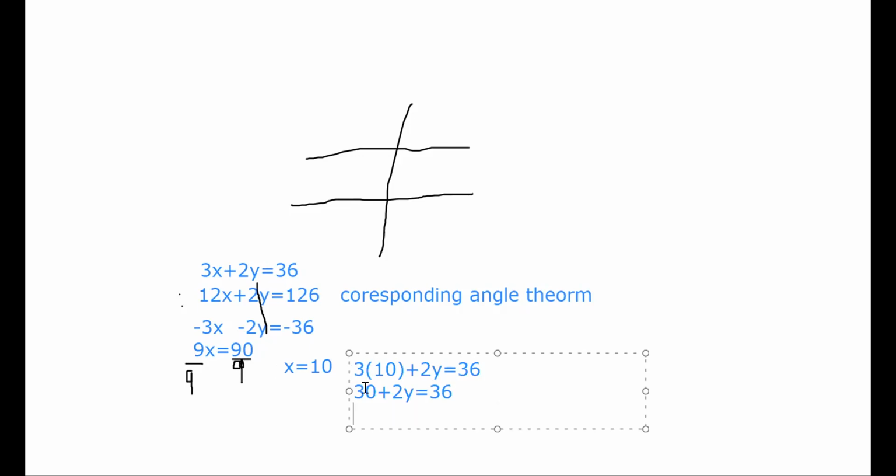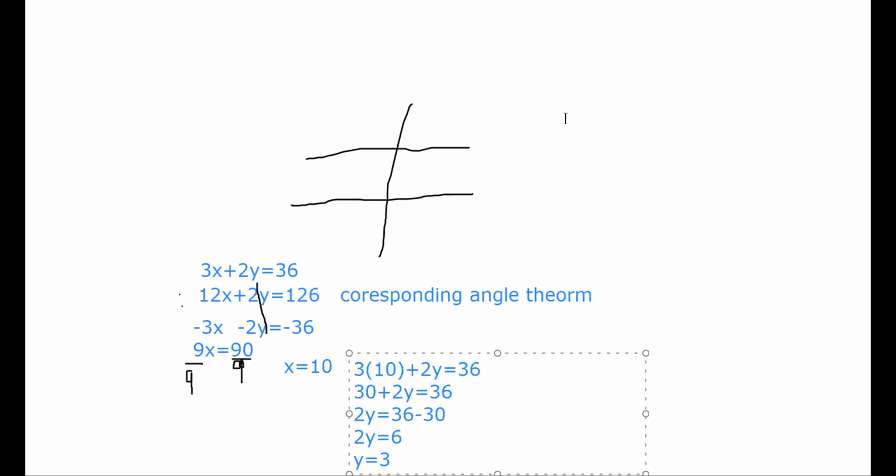So shifting 30 to the other side, 2y will be equal to 36 minus 30, which is 2y equal to 6. Divide by 2, y will be equal to 3. So I found x and I found y. x is equal to 10, y is equal to 3.